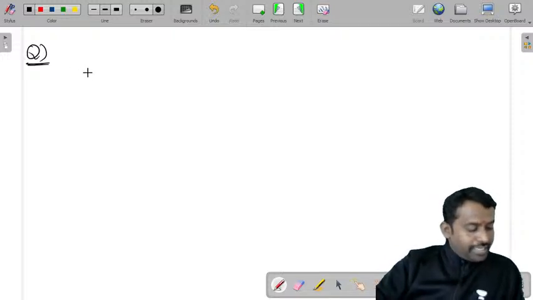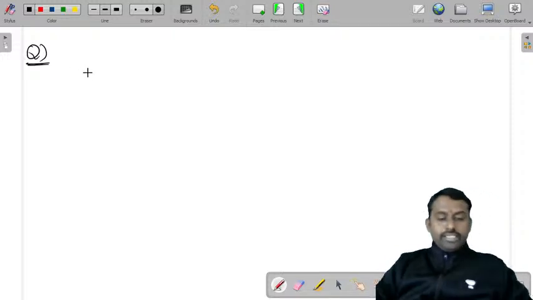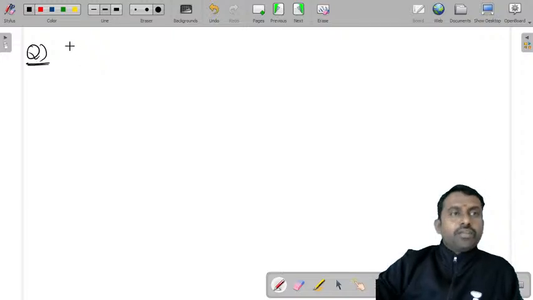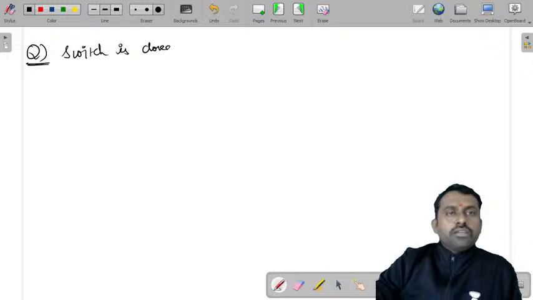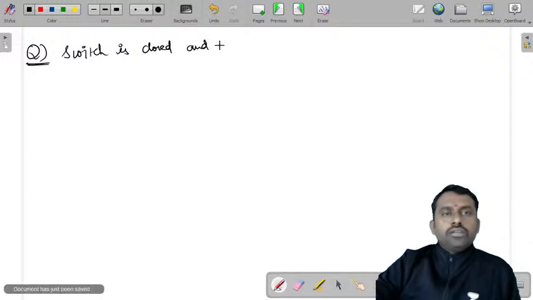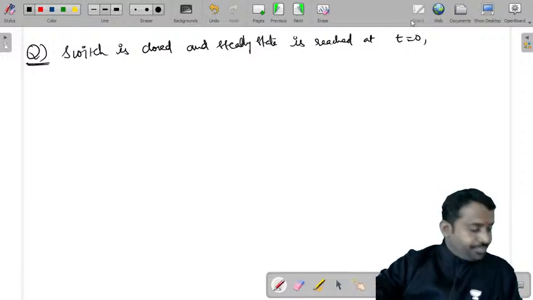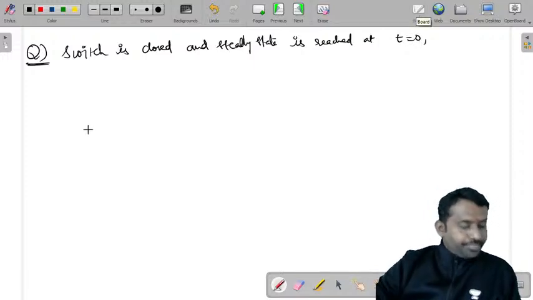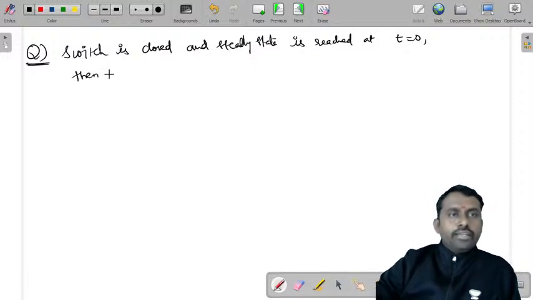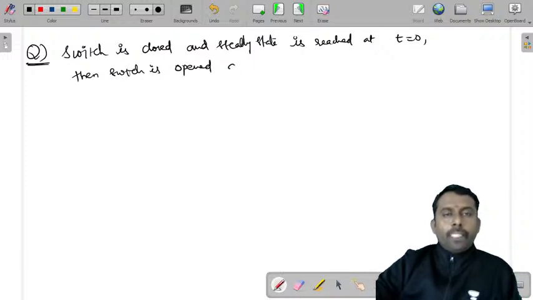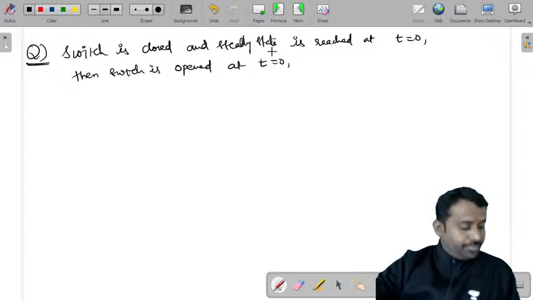The switch is closed and a steady state is reached in the network at t is equal to 0. Question is, switch is closed and steady state is reached at t is equal to 0, and then switch is opened at t is equal to 0.